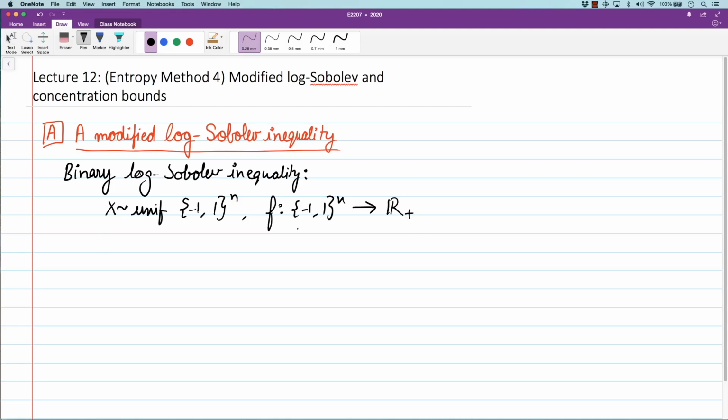What we showed was that the entropy of f squared is less than or equal to 2 times E of f, which was what we call the Herbst variance estimate for f.